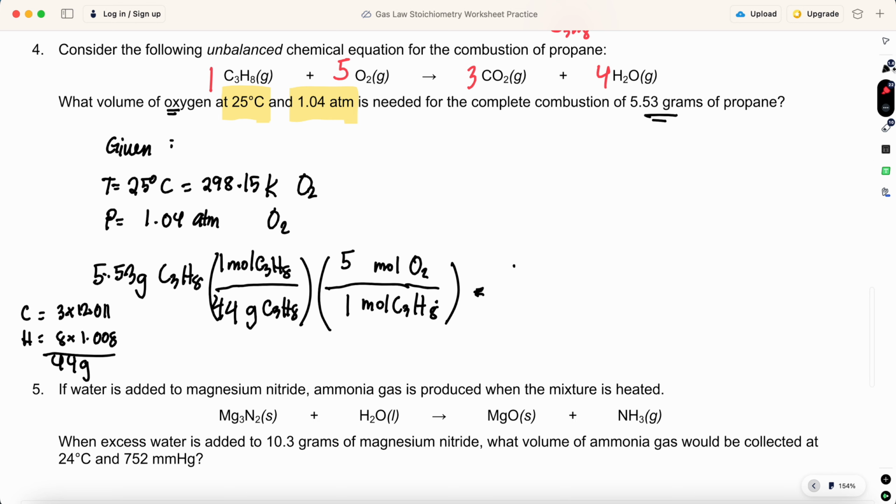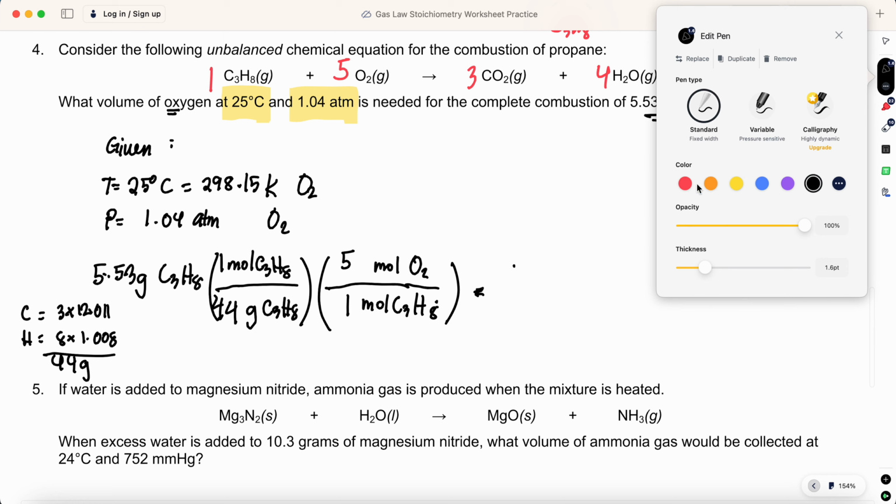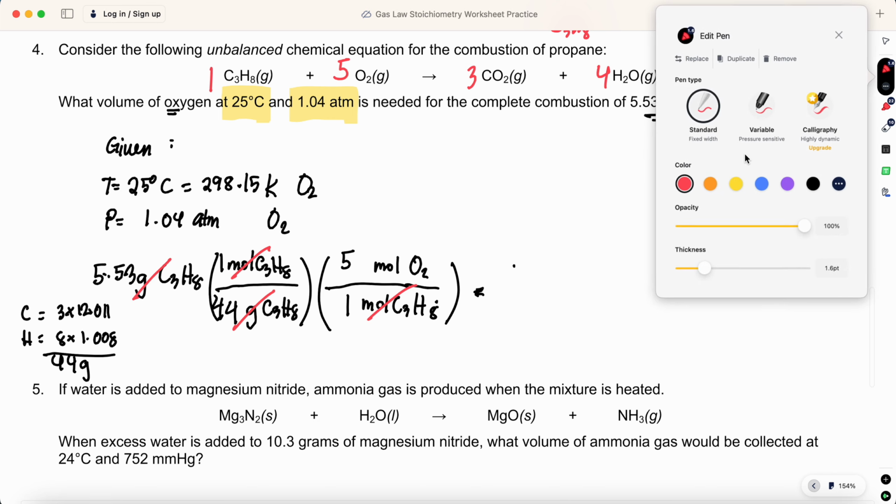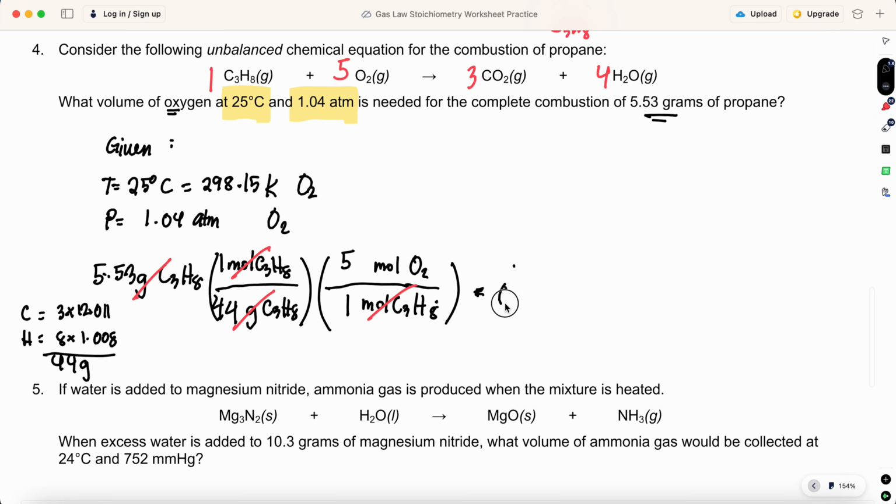Cancel this one. Cancel this one, and then we have 0.628 mole of oxygen gas.